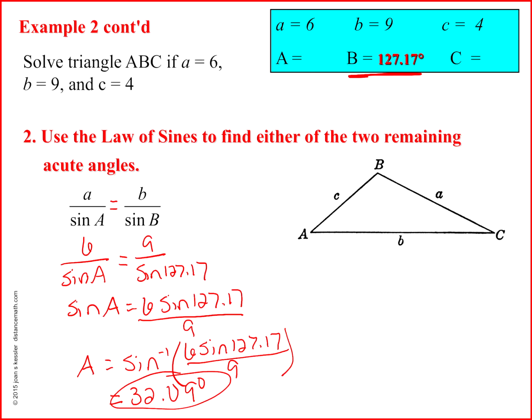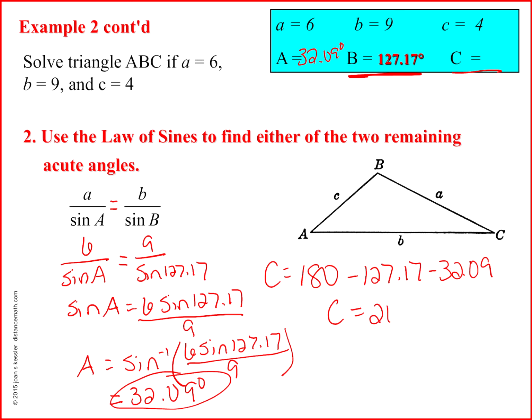Once you know that, so I know that my A up here is 32.09, I can now find C, because I can just do 180 minus 127.17 minus 32.09. So that means angle C is 20.74 degrees. That gives us all of our angles.